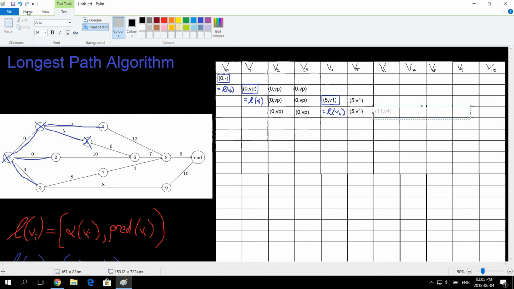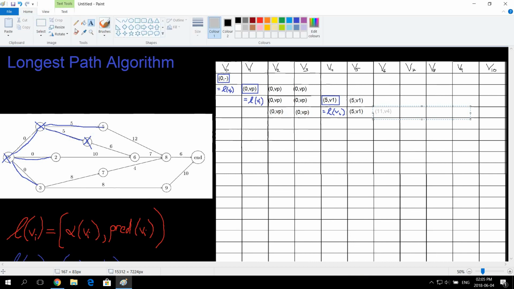I'll show you guys when we get there. I'm putting it up here because if we actually explored V2 now and V2 was bigger, V2 would go down here.